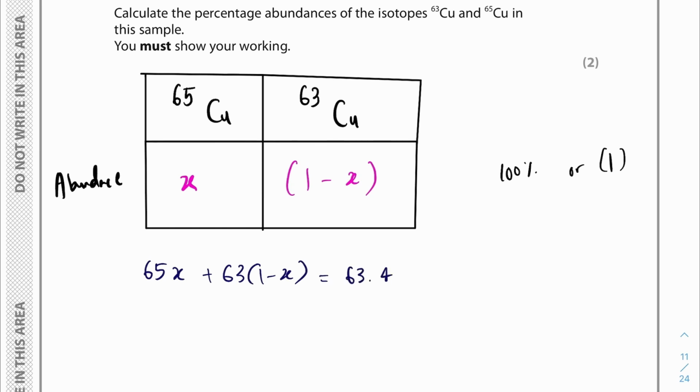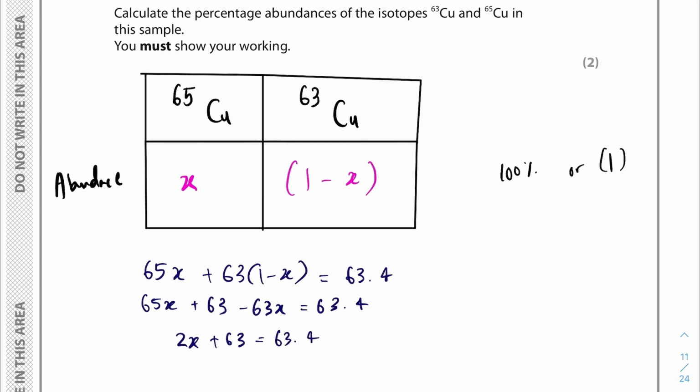So this is now a simple linear equation. All you have to do is expand the bracket, so 65X plus 63 minus 63X equals 63.4. So 65 minus 63 gives us 2X plus 63 equals 63.4.